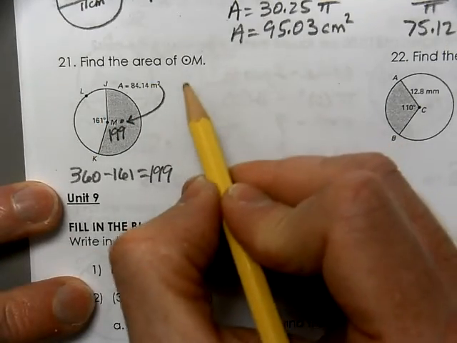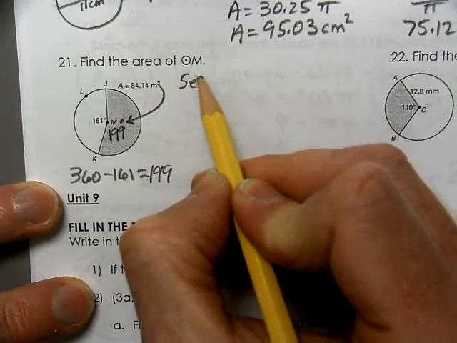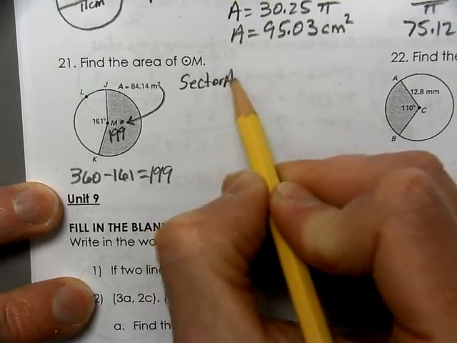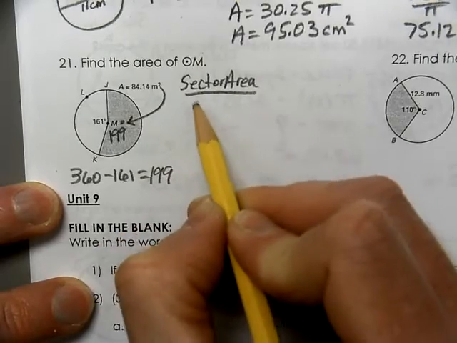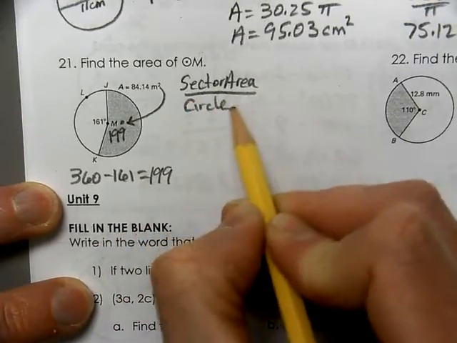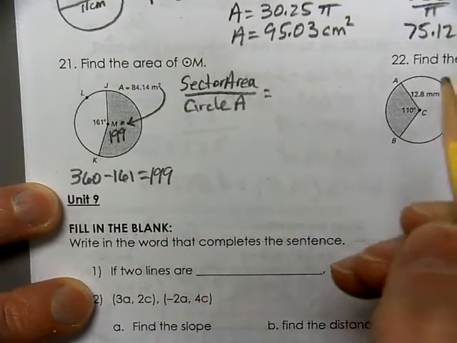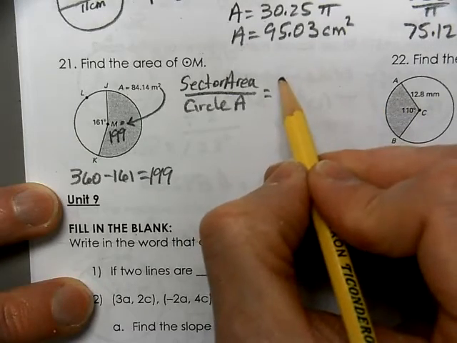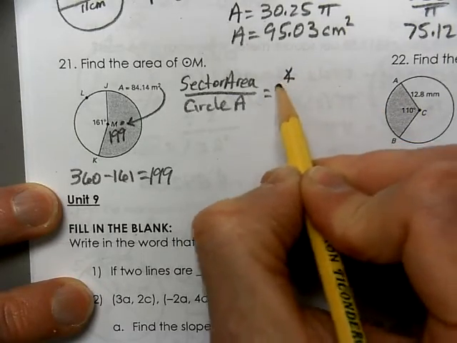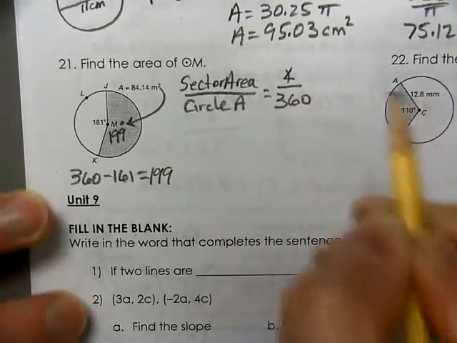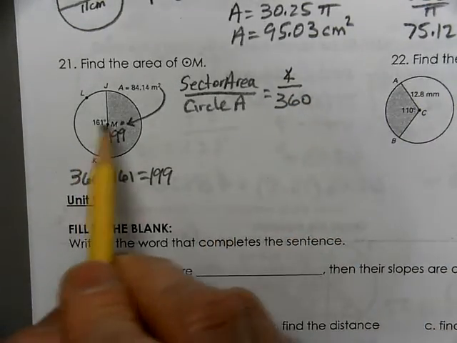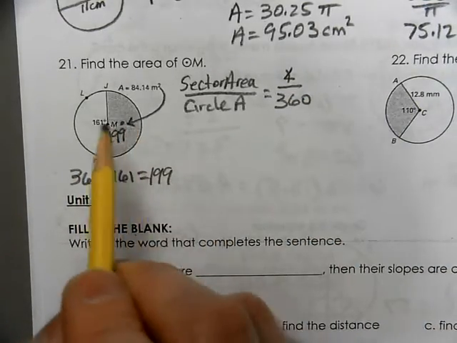So we're going to say sector area over circle area equals the angle divided by 360. You need to be sure that you have the correct angle. You need the shaded region angle.